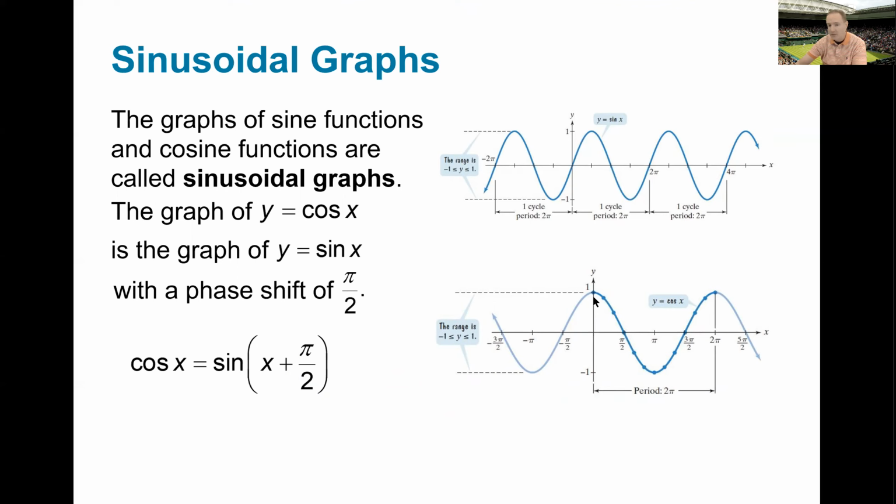Please notice with my cosine function, it starts off at 0, 1, then goes down to pi over 2, 0, and then pi, -1, 3 pi over 2, 0, and 2 pi, 1. But if I were to say, well, all right, what if you shifted that cosine function pi over 2 units to the right?